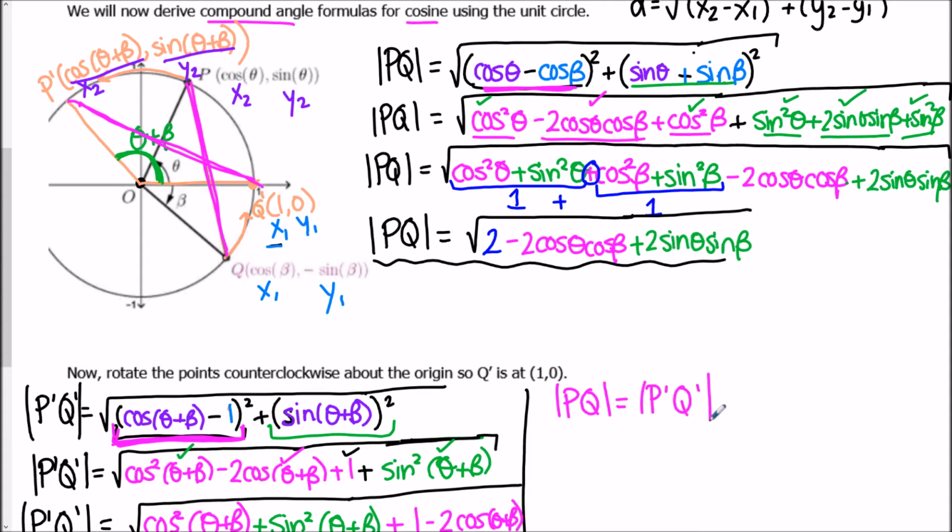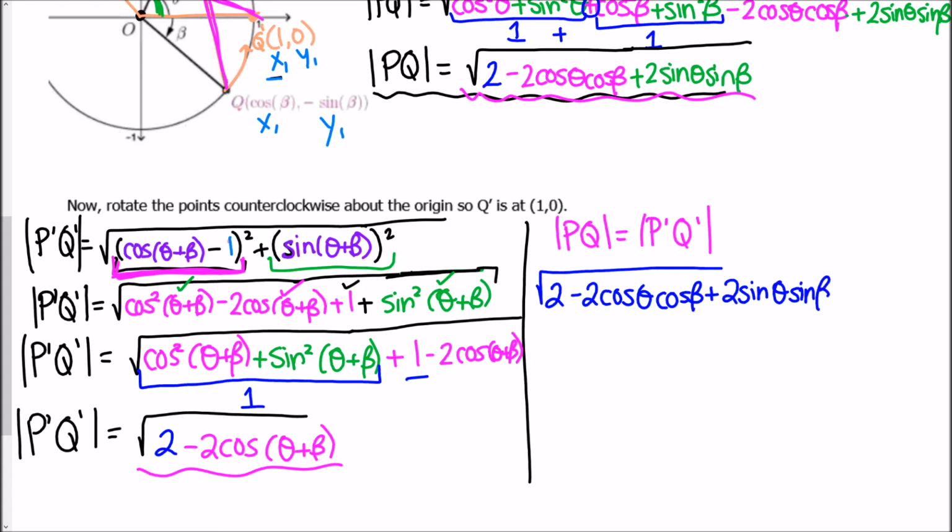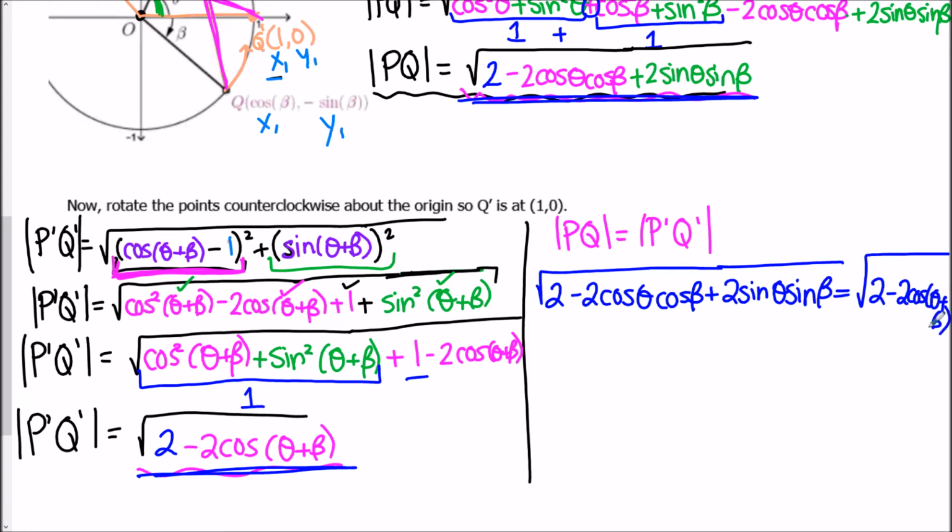So I'm going to set these two expressions right here equal to each other. I'm going to say that the square root of 2 minus 2 cosine theta cosine beta plus 2 sine theta sine beta, remember this right here is just this piece right here, is equal to P prime Q prime, which is this right here, 2 minus 2 cosine theta plus beta.